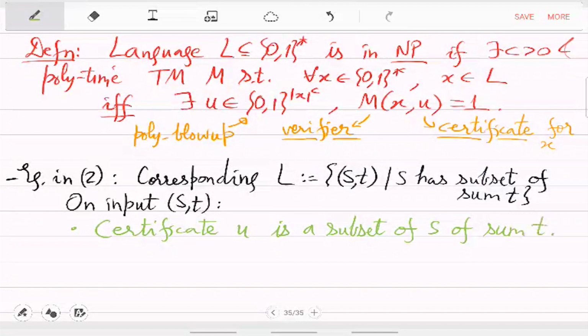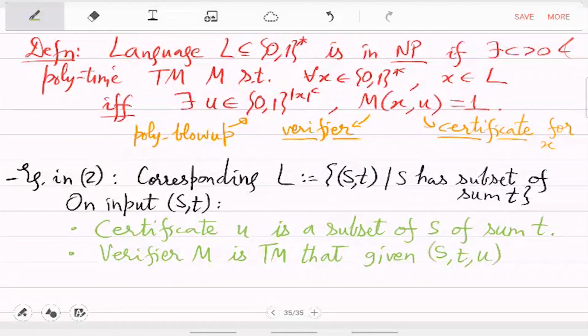And verifier M is the Turing machine that, given S, T, U, so given S and T and the subset U, checks whether U is a subset of S and sigma U is equal to T. That's all.